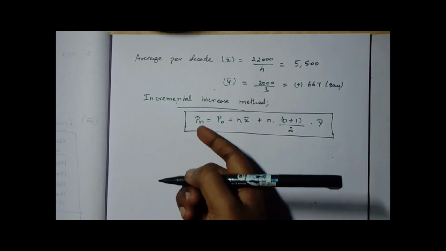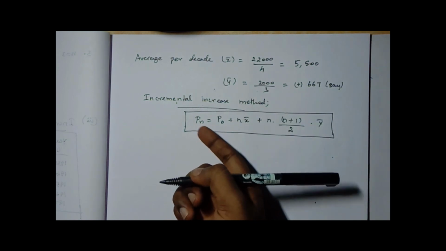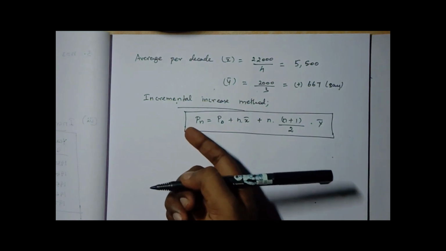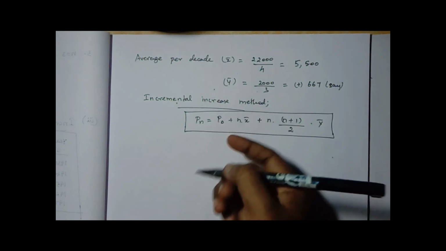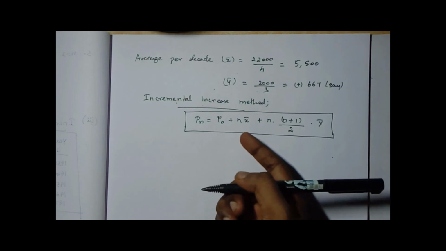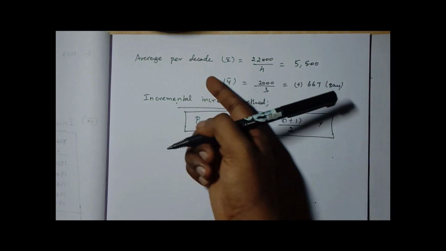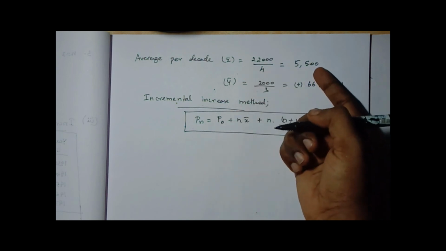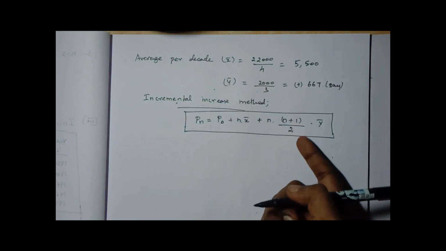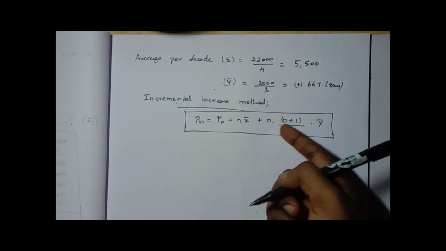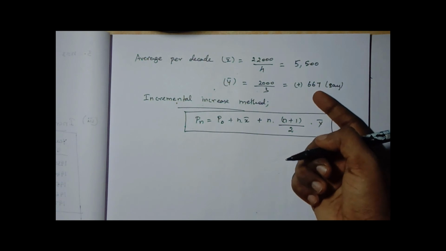So now our job is to substitute these values. We know that Pn is the year, in the sense the decade year, 1980, 1990 and 2000. P naught is the last decade value, which is 1970, and n is the number of decades. x bar is the average per decade, 5,500, and similarly n into (n plus 1) by 2, we know the decade value, into y bar, which we found as 667.